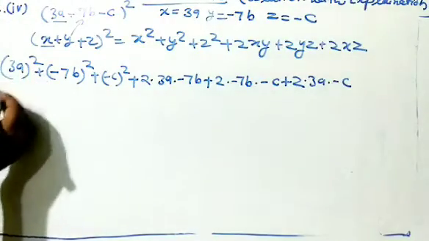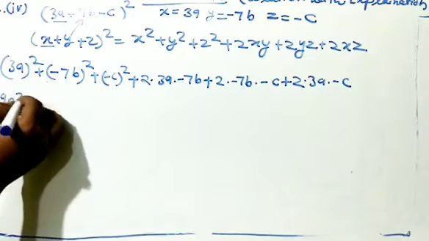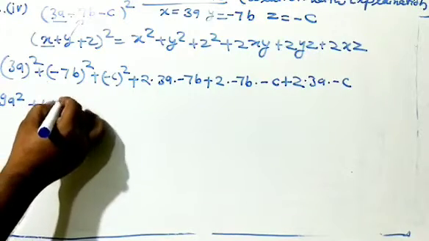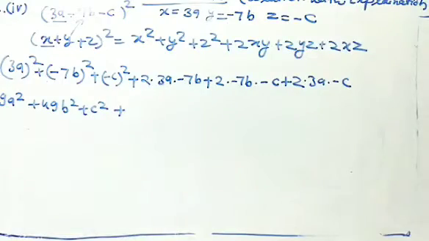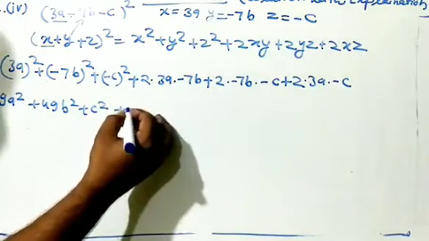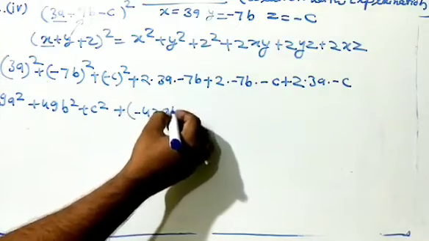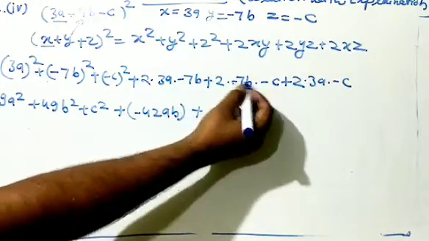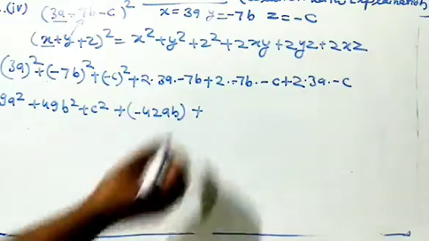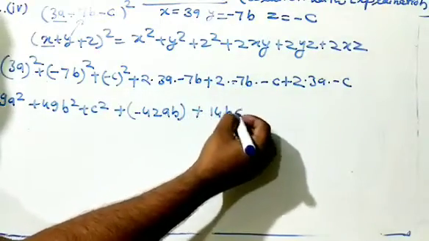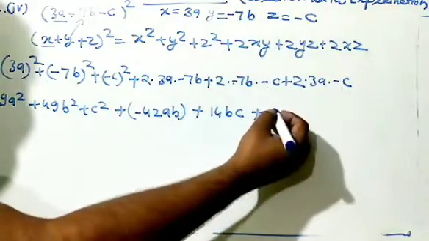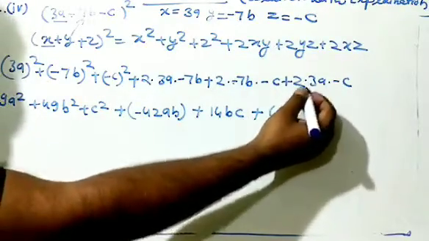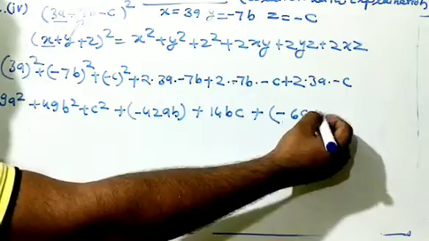Now open the square. 9a square plus 49b square plus c square, plus 2 times 3 times 7, that is 42, minus 42ab, plus minus multiplied by minus will be plus 2 times 7, 14bc, plus here also minus 2 times 3, 6ca.